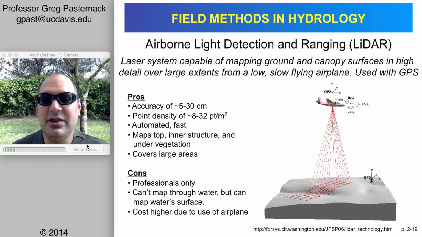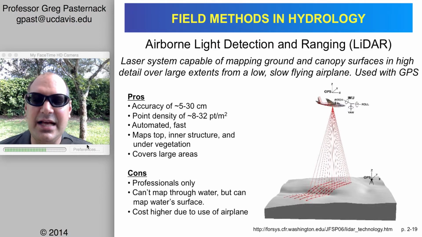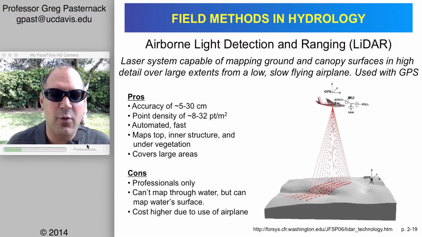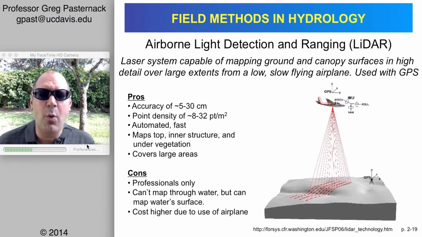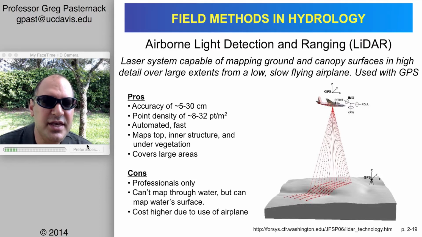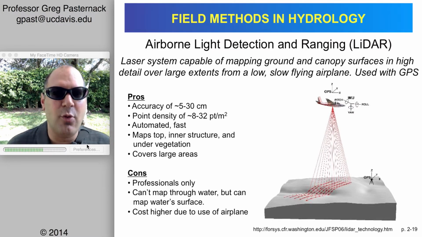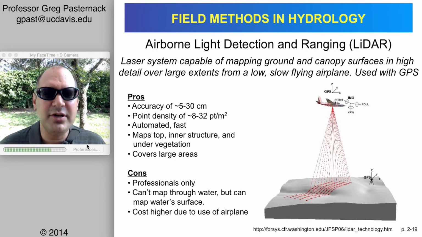What happens when LiDAR hits the water? Well, commonly this is a near-infrared or red light, and as a result, it reflects off the water surface, and therefore it maps the water surface. So this typical airborne LiDAR that uses red LiDAR cannot map through water. However, there is a different LiDAR called green LiDAR, where the green light can penetrate through water.